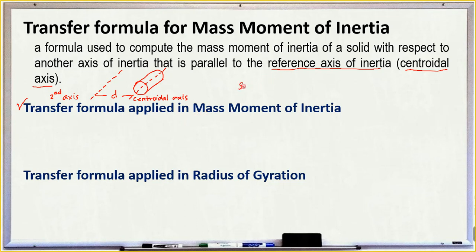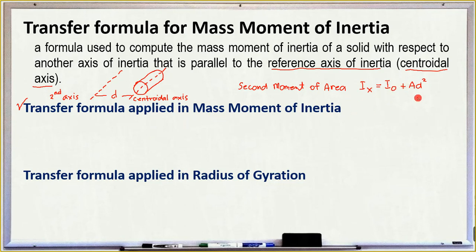So again, for the second moment of area, or also known as the moment of inertia, the formula is that the moment of inertia at any given axis, which is parallel to the centroidal, is equal to the moment of inertia along the centroidal axis plus the area multiplied by the distance square of these two axes. The same format as the mass moment of inertia.